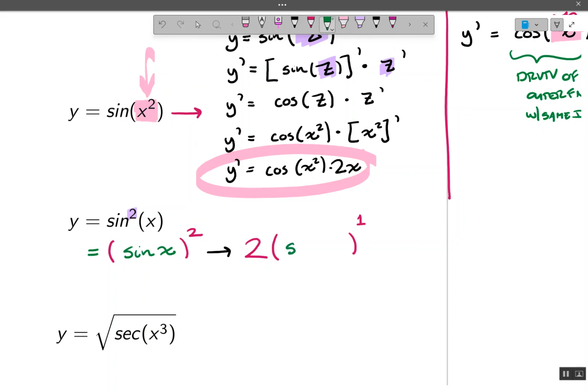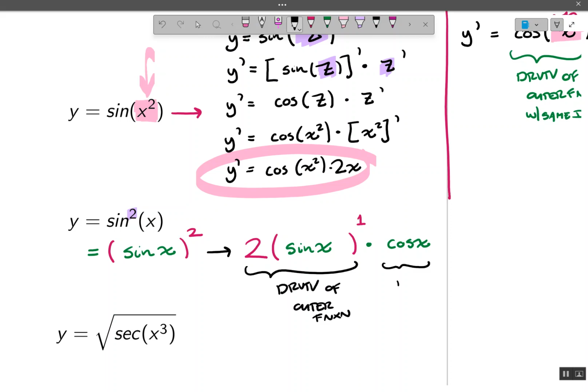We're going to keep the same input. Now we're going to multiply by the derivative of the inside. So this is the derivative of the outer function, and this is the derivative of the inner function. So just to be clear, we have 2 times sine times cosine.